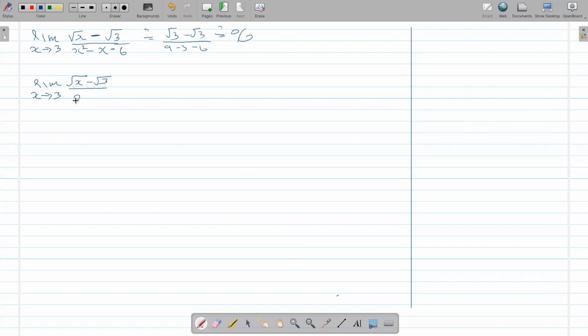So we use a trick here because of the difference of squares rule.